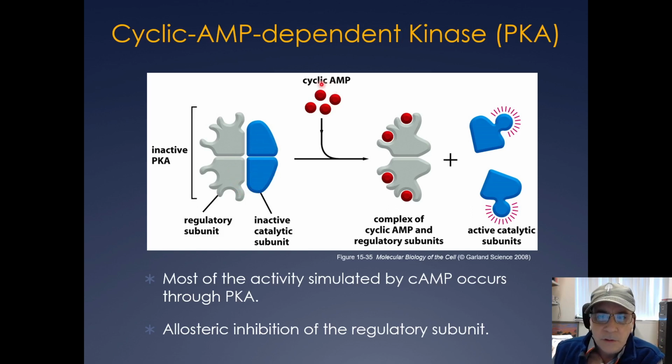Once there's enough cyclic AMP around, that will bind to the regulatory subunit and release it, and then you all of a sudden have active PKA, which can then go on and phosphorylate other things downstream. Okay, so this is just an example of allosteric inhibition where the inhibitors come and bind, and then you get activation of the regulatory subunit.